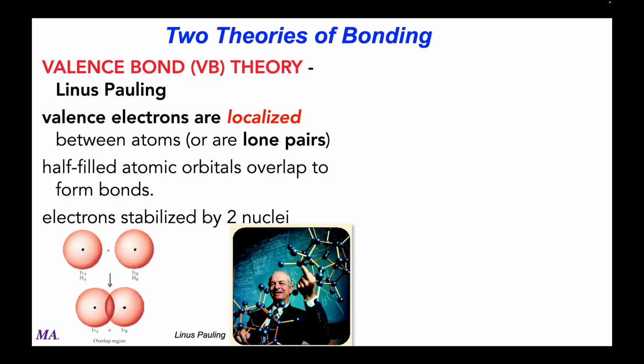But anyway, Linus Pauling in the valence bond theory basically proposed that the valence electrons, those outer electrons on atoms, are localized between atoms, or they can be lone pairs for that matter. And each bond that forms is basically one electron from each atom. Those electrons overlap, and they form bonds that are stabilized by two nuclei. And valence bond is really great for normal kind of operations.